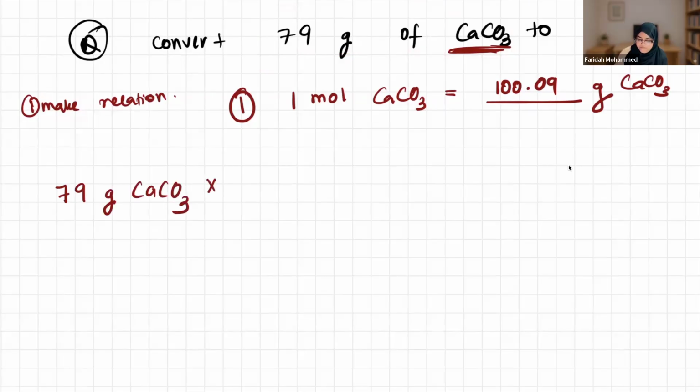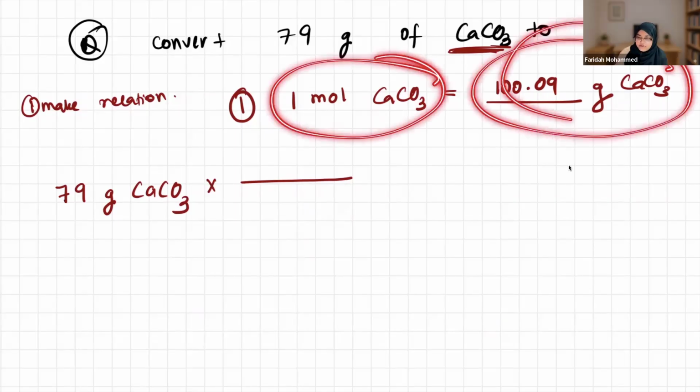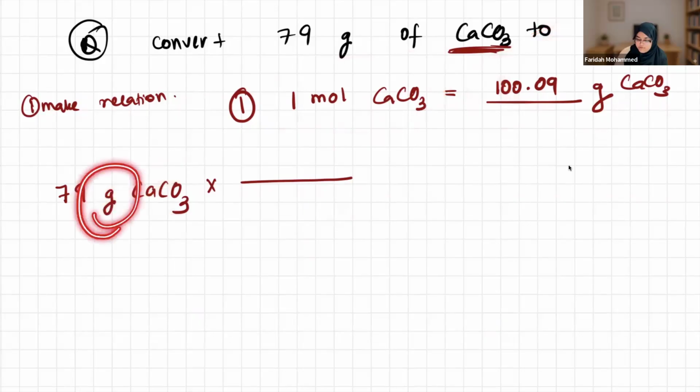And then you're going to make a fraction. In the fraction, you're going to put one of these into the denominator and the other into the numerator. How do you decide what goes where? This one has gram in it, and you want to cancel out the gram, so it should go on the bottom, because opposites cancel out.